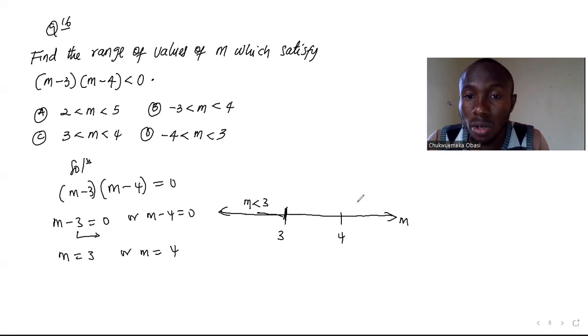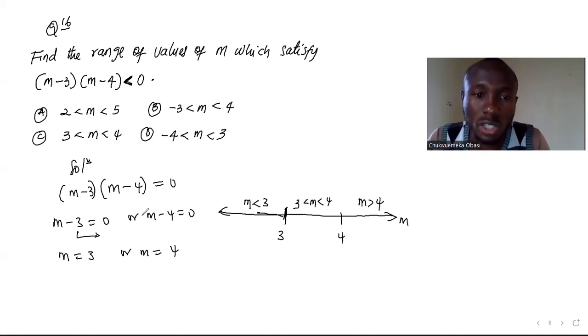And from here downwards, you want to say is m greater than 4. 4 is not inclusive because we are talking about less than here, so we're not considering the point itself. If it was less than or equal to, then we would have said greater than or equal to or less than or equal to. Okay, now this point here is the point less than 4 and less than 3. All right, so this is pretty much how it works.